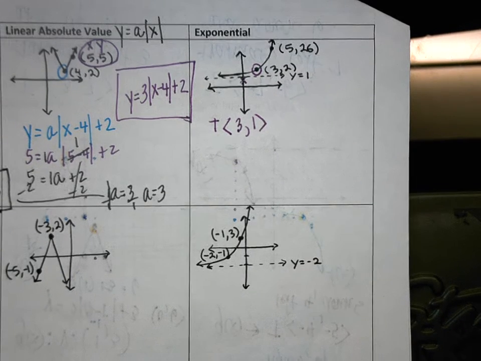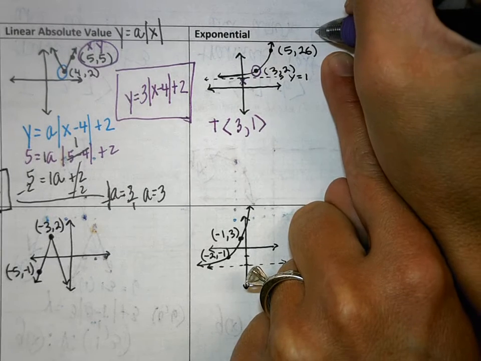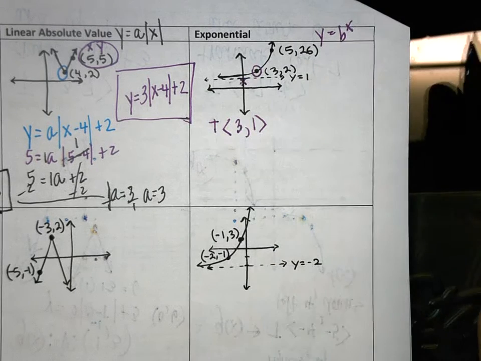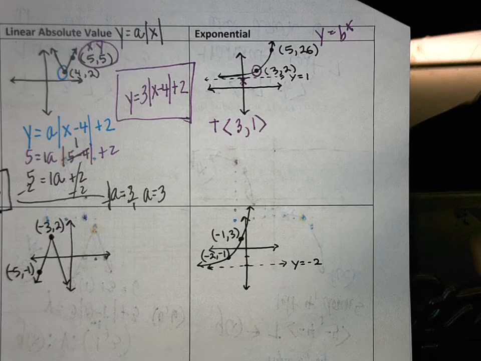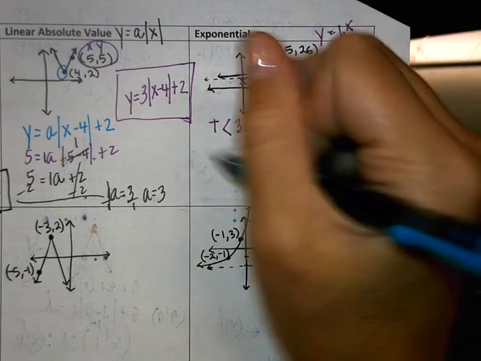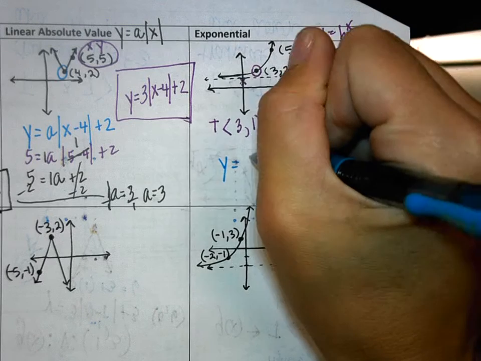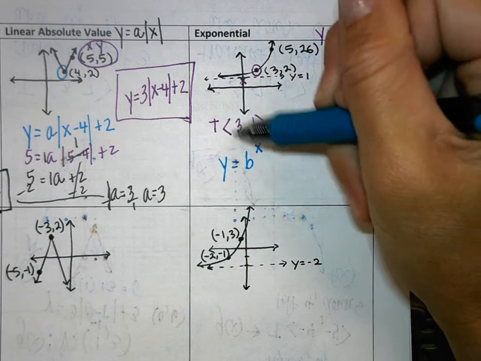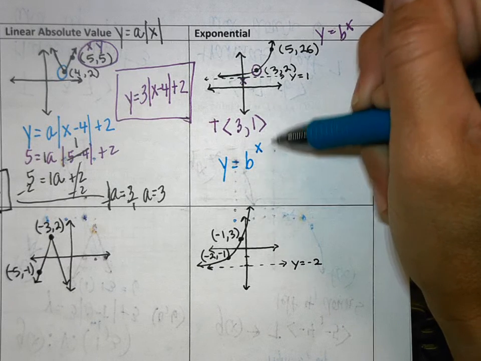Okay, so your exponential equation is like y equals b to the x power, b standing for your base. And so if I write this with my translation, it would be y equals b to the x, and because it translated 3, what would I write here with it?